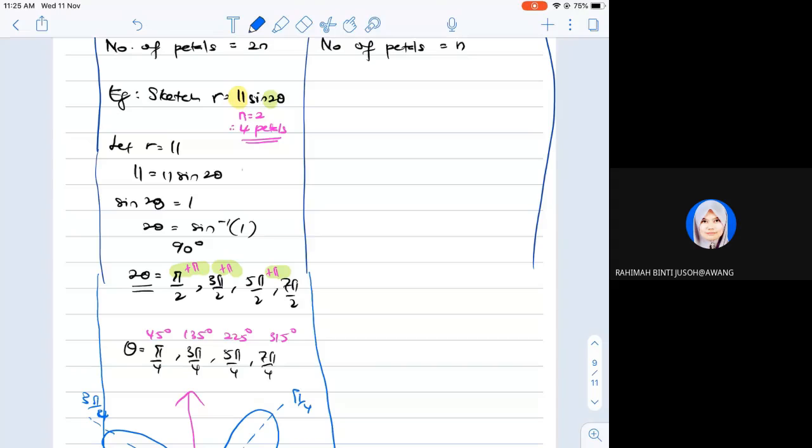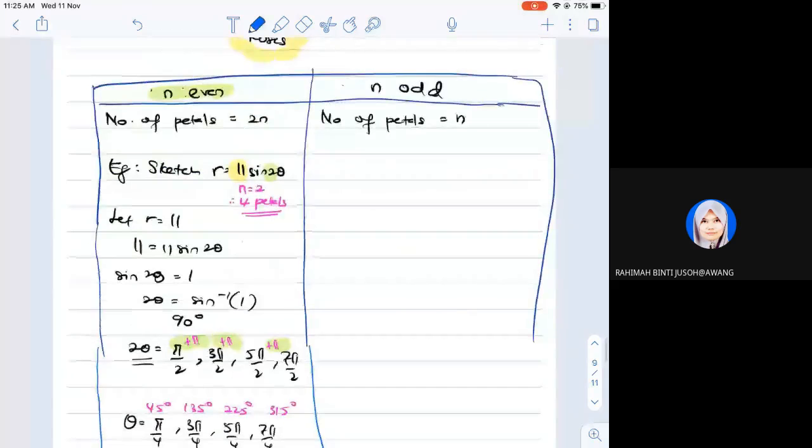Okay, next. What happens if n is odd? As usual, I will start with an example.